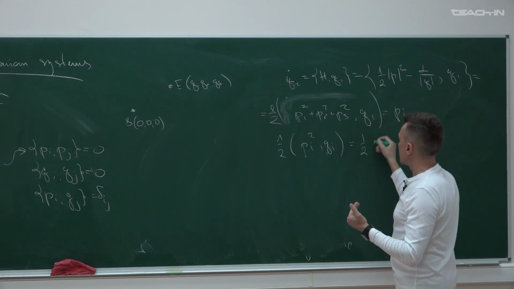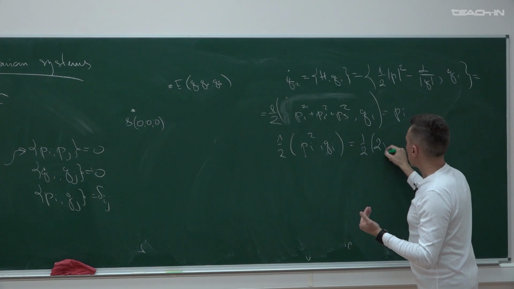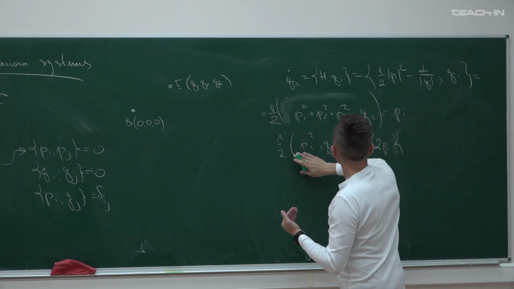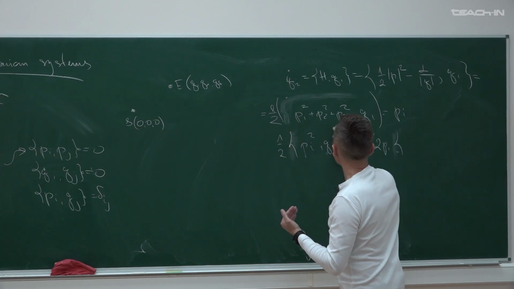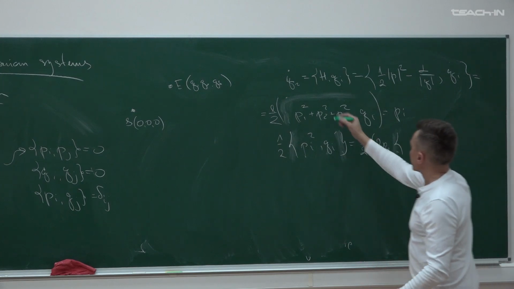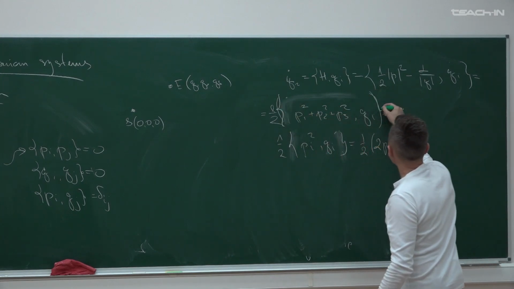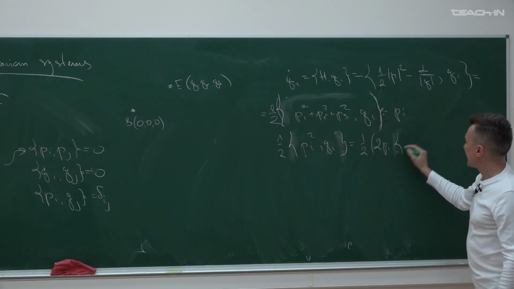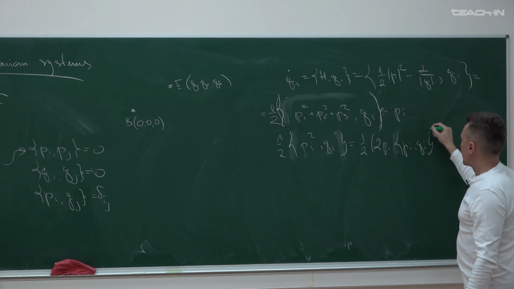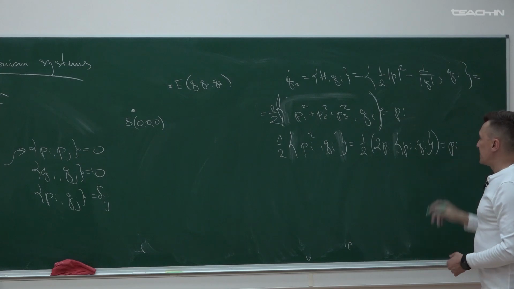So it's 1 half, 2 p_i, and I'm sorry, like this, and here, I'm really sorry, p_i, q_i, and this is p_i.